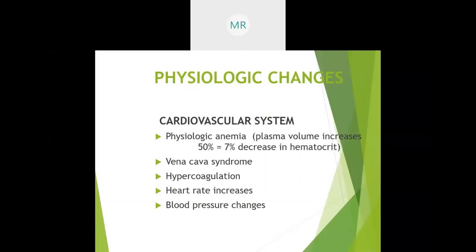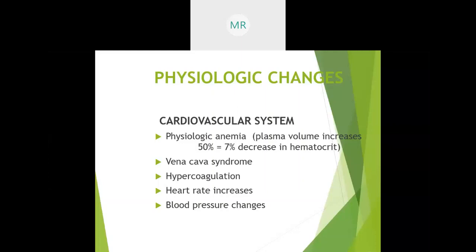Normal. There is also something called vena cava syndrome, and this is a supine hypotensive syndrome. This is why, with pregnant women, you don't want them to lay supine, flat on their backs.